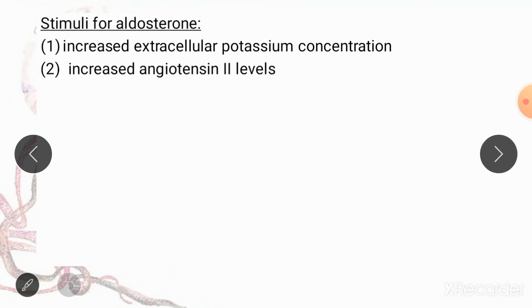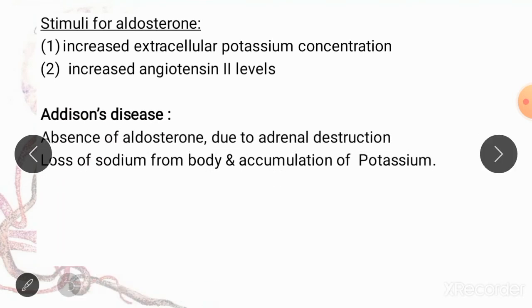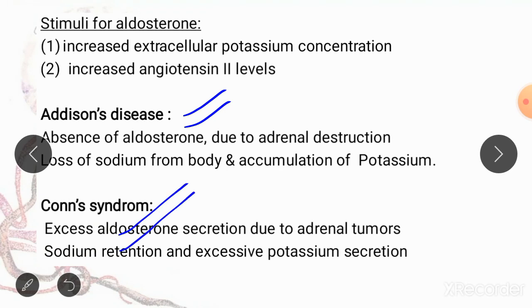Another stimulus for aldosterone secretion is, of course, angiotensin 2, because the renin angiotensin aldosterone mechanism also stimulates the secretion of aldosterone. Whenever there are large quantities of aldosterone secreted in your body, this condition is known as Conn's syndrome.